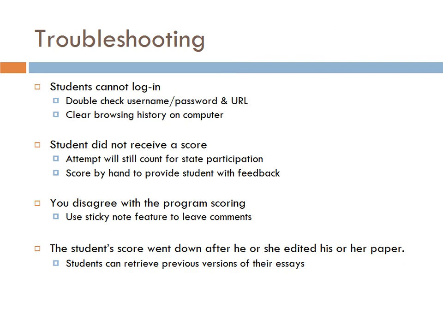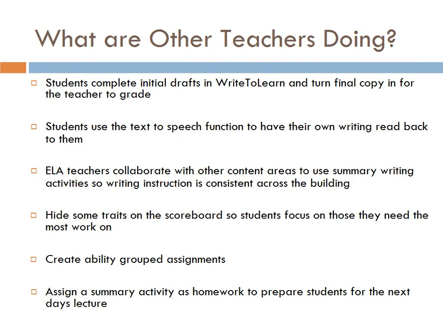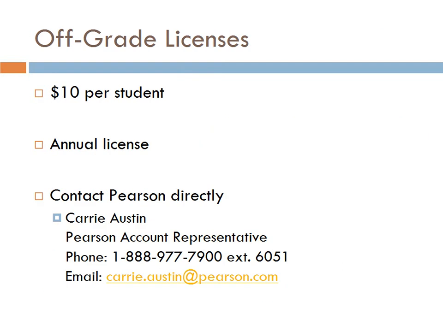And here's just some troubleshooting. I won't go through these, but if you want to look at these, you can just download them. And what other teachers are doing, these are just different things that teachers around the state are doing. You can check these out too if you want. And off-grade licenses, if you want your students to use the program who are not in 5th, 7th, and 10th grade, it is $10 per student.